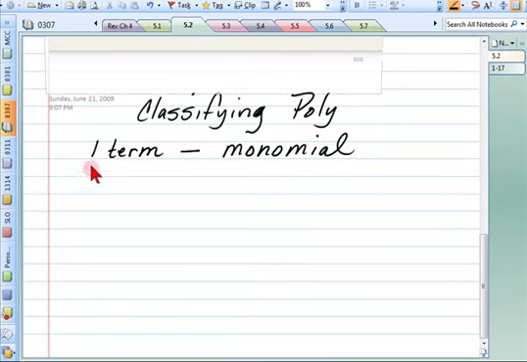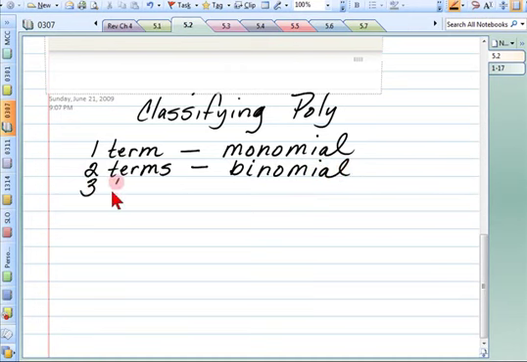If we have a polynomial with 2 terms, we use the prefix bi, and it's called a binomial. If we have 3 terms, what do you think it might be called? Yes, it is a trinomial.